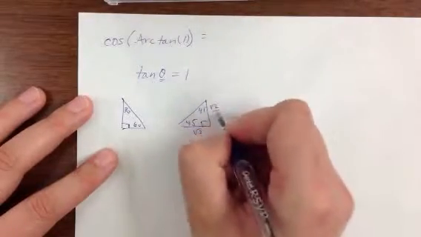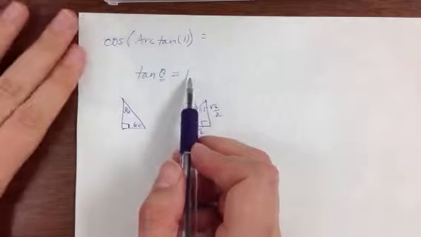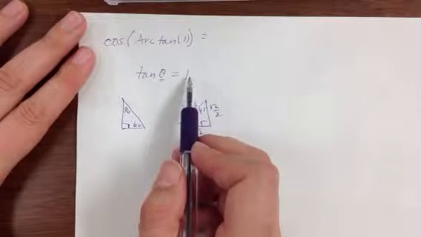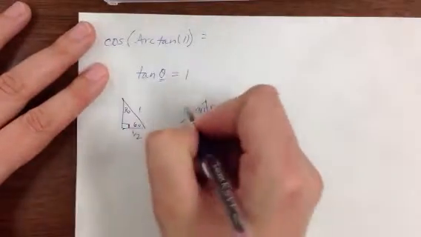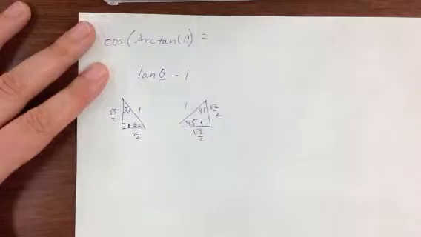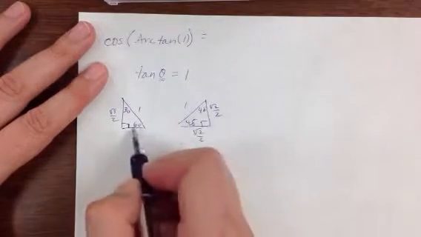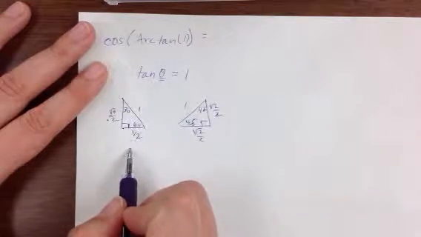And remember, tangent is the y over the x, opposite over adjacent. If I divide opposite over adjacent in the 30, 60, 90, it's not going to give me an answer of 1, so the 30, 60, 90 triangle's out.